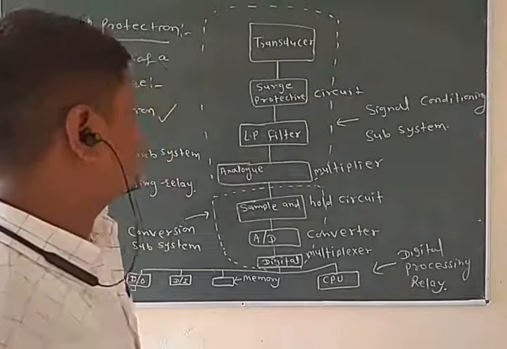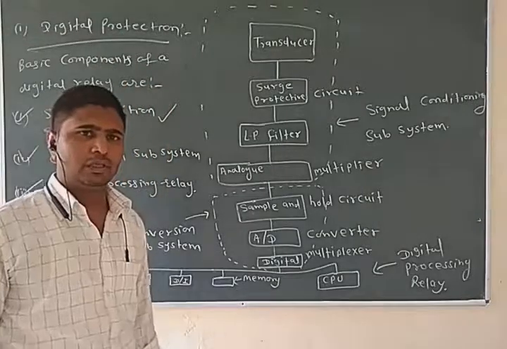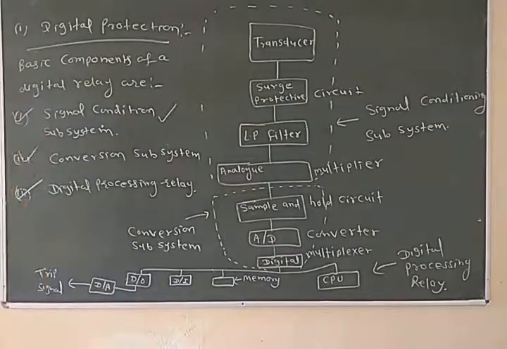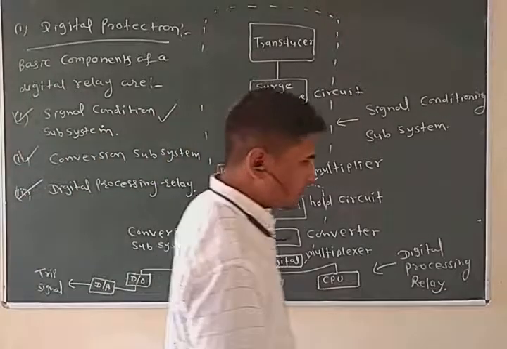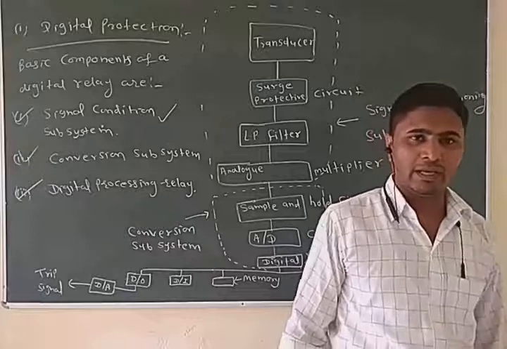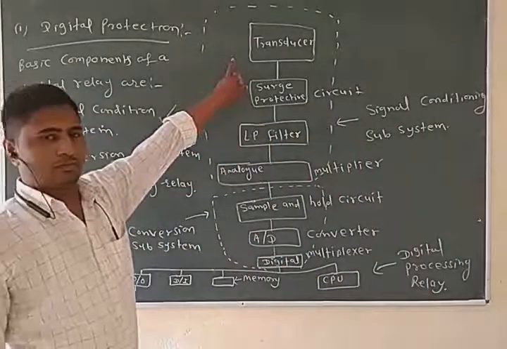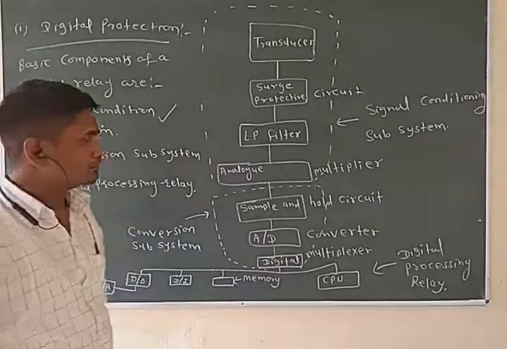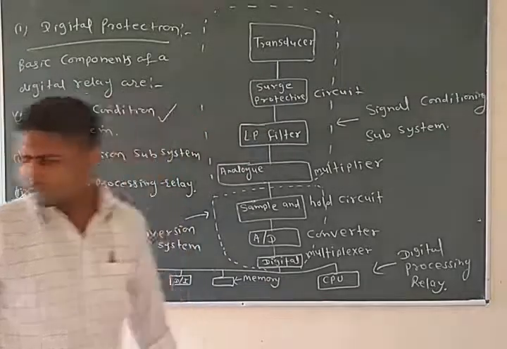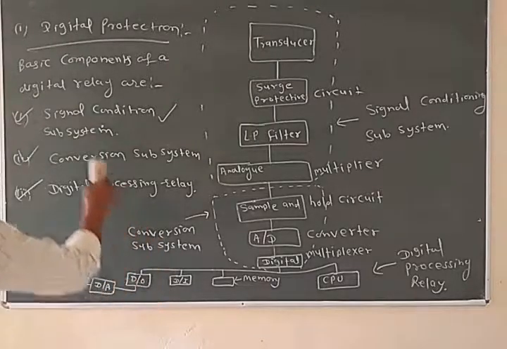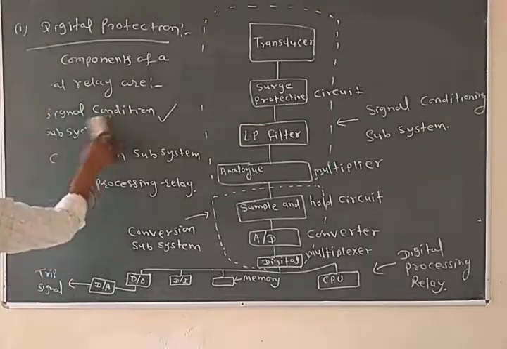Transducers are devices which can sense physical quantities and convert them into electrical quantities. So here as transducers we use CT and PT: current transformer and potential transformer.